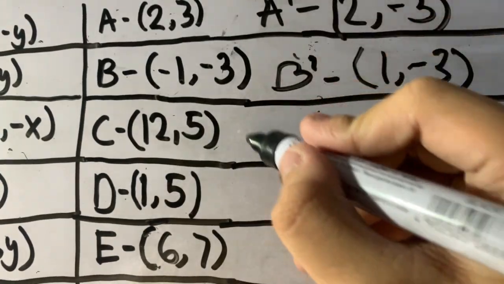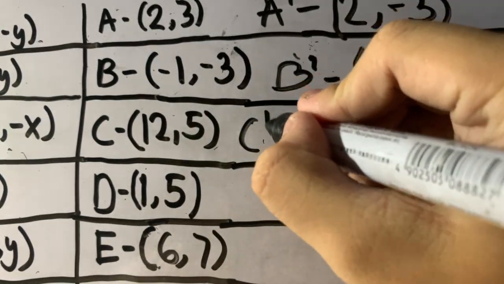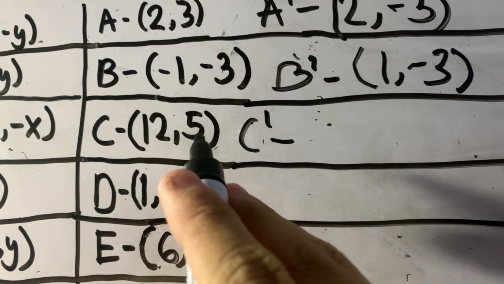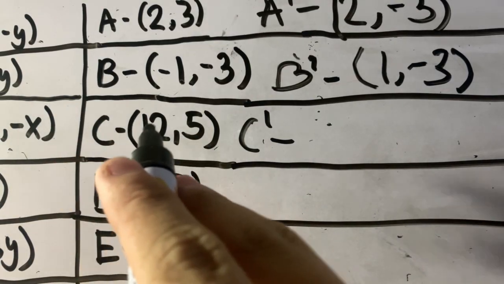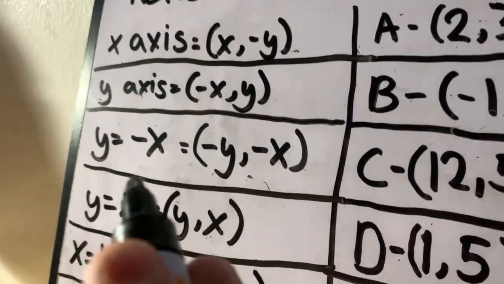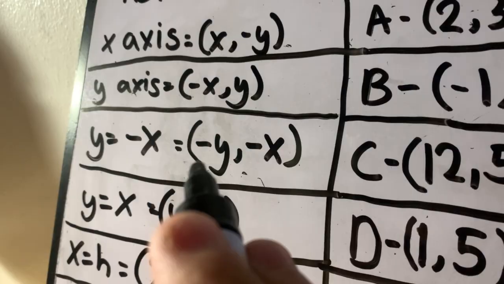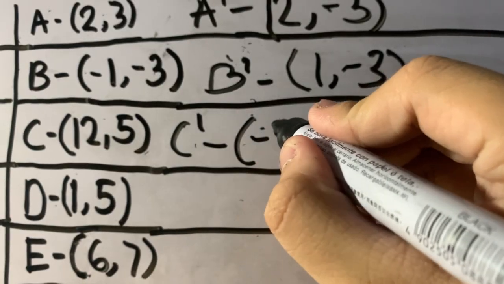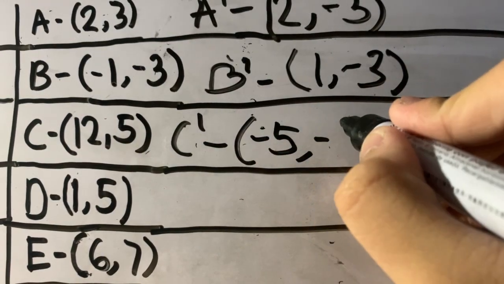Here we have 12 and 5. So let's make it C prime. The first thing we'll do is swap 12 and 5. So it becomes 5, 12. But we're going to use the rule of y equals -x. So they become -y and -x. So it becomes -5 and -12.